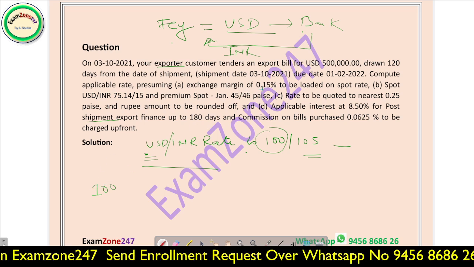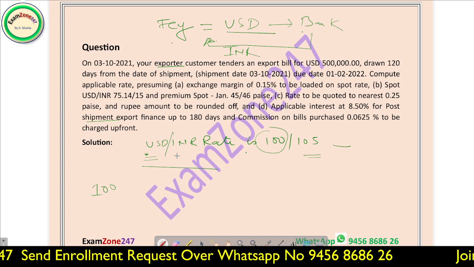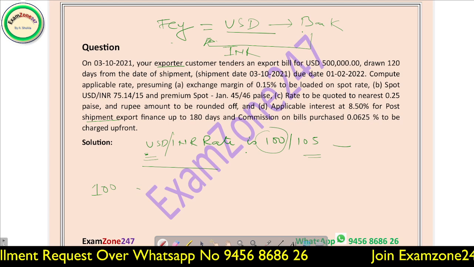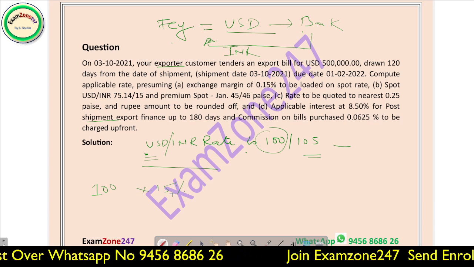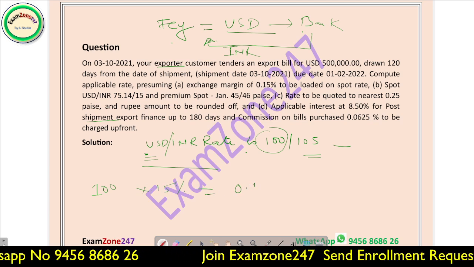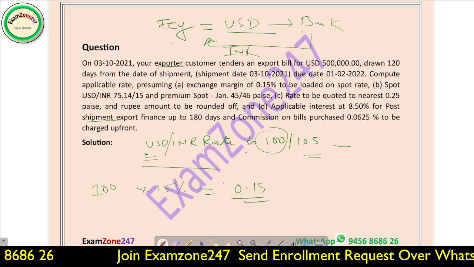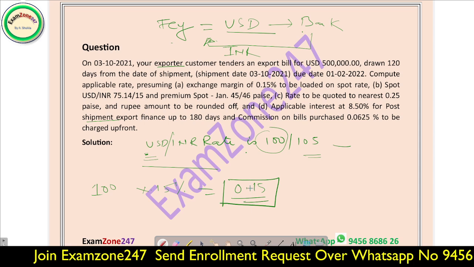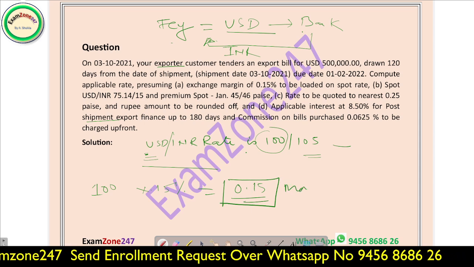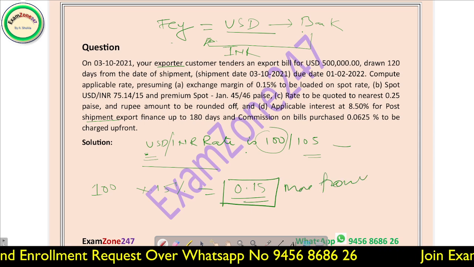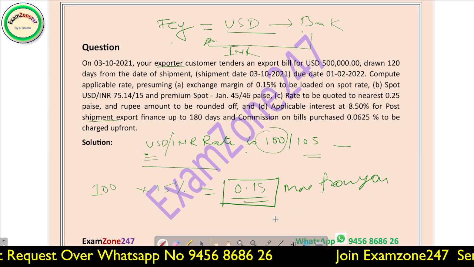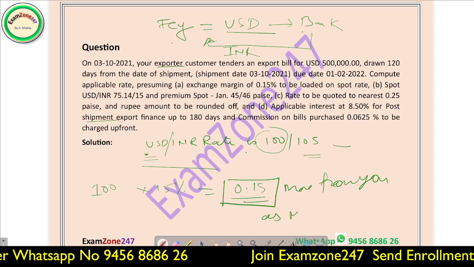Now, there is an exchange margin of 0.15%. 0.15% of 100 will be 0.15. Means this much amount of money the bank needs more from you as margin.